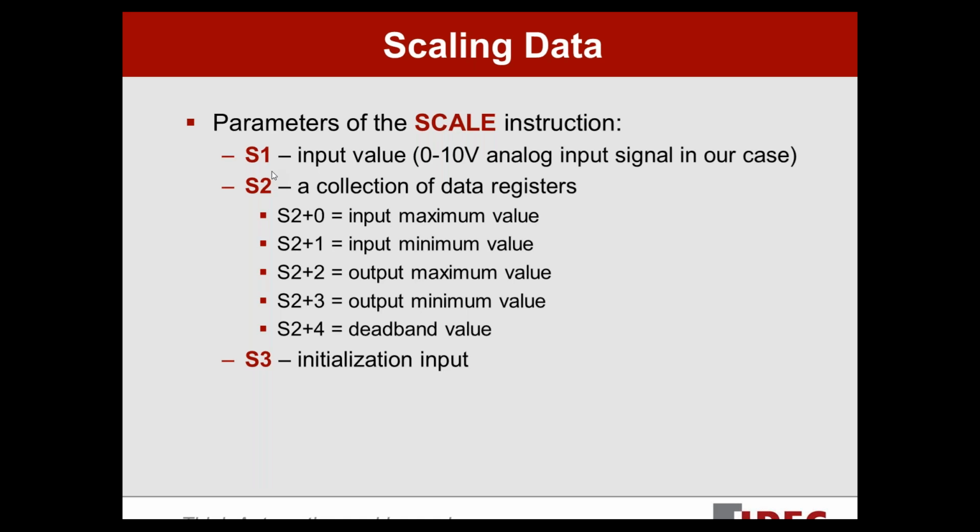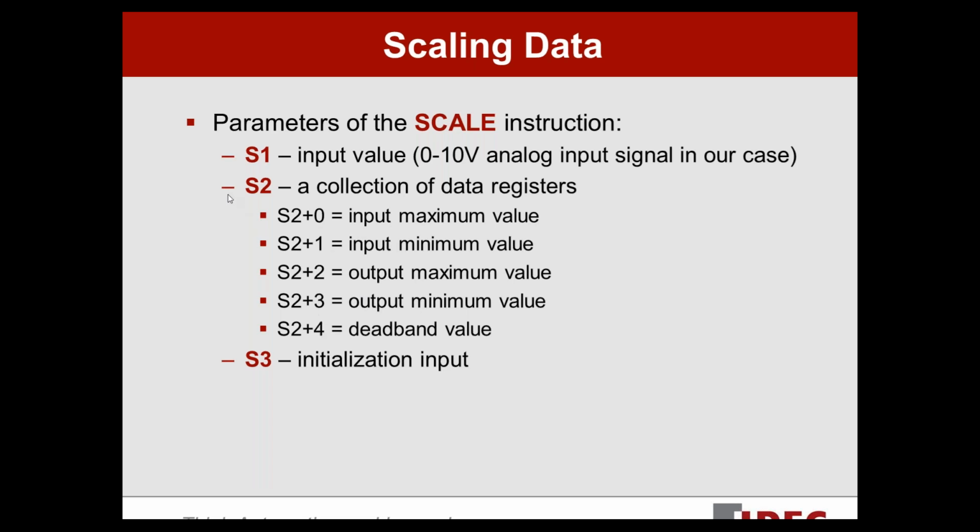Source S2 is a collection of data registers. What I mean by that is we're going to specify just one data register for S2 as the starting address. Everything else will fall out from that. As you can see here, it's actually going to use 5 registers.